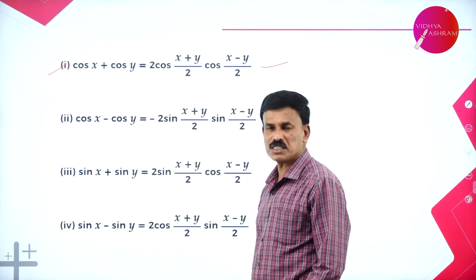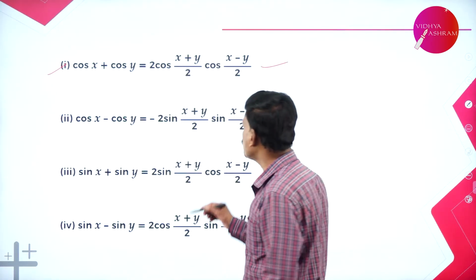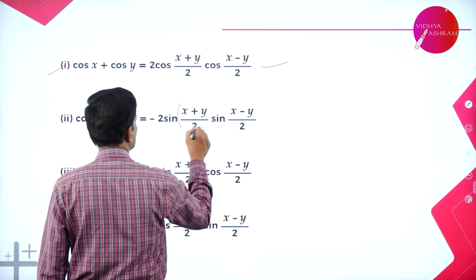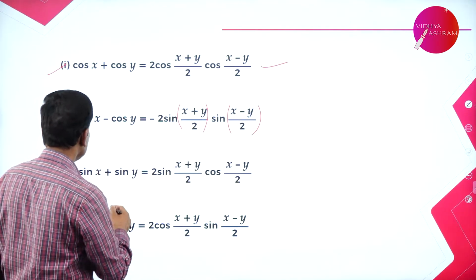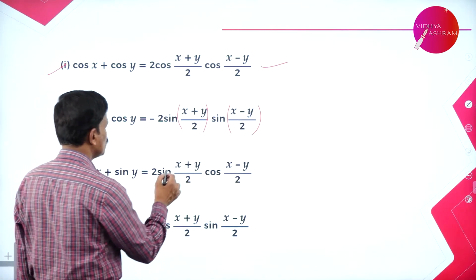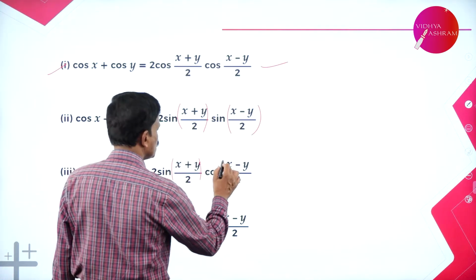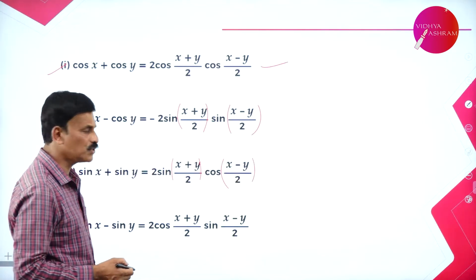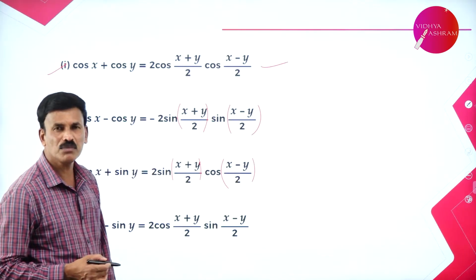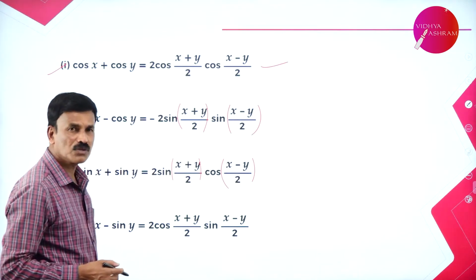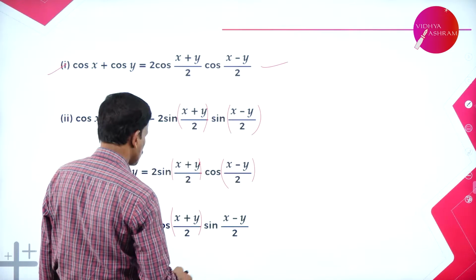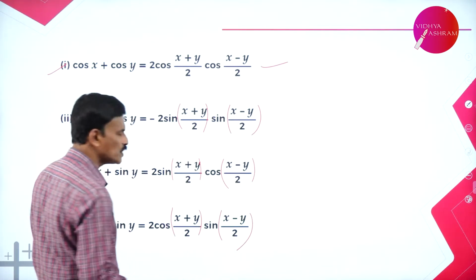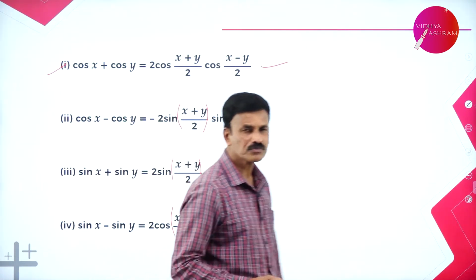Similarly, cos x minus cos y is equal to 2 sin((x plus y)/2) into sin((x minus y)/2). And sin x plus sin y is equal to 2 sin((x plus y)/2) into cos((x minus y)/2). And sin x minus sin y is equal to 2 cos((x plus y)/2) into sin((x minus y)/2). Okay.